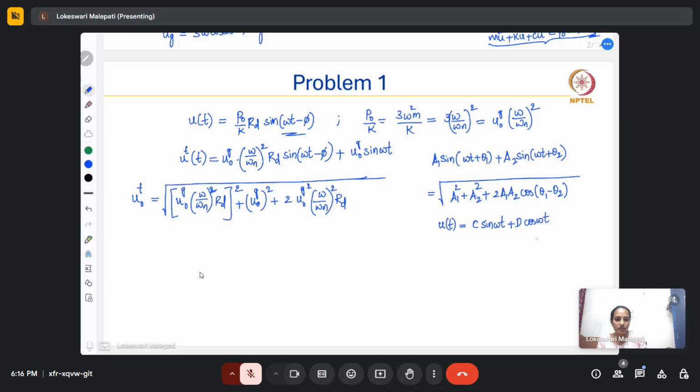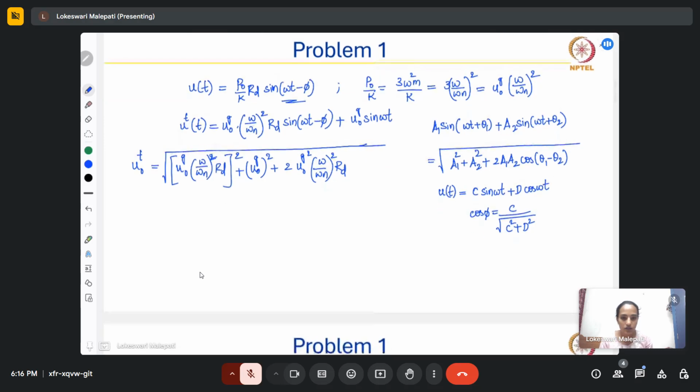To write it in a simplified way, we have assumed that cos phi is equal to c by square root of c square plus d square. These are all derived in the previous contents, so I'm just writing down the expressions for these things directly.